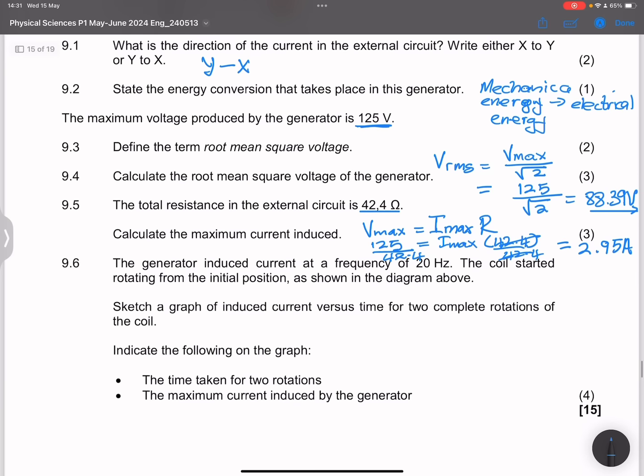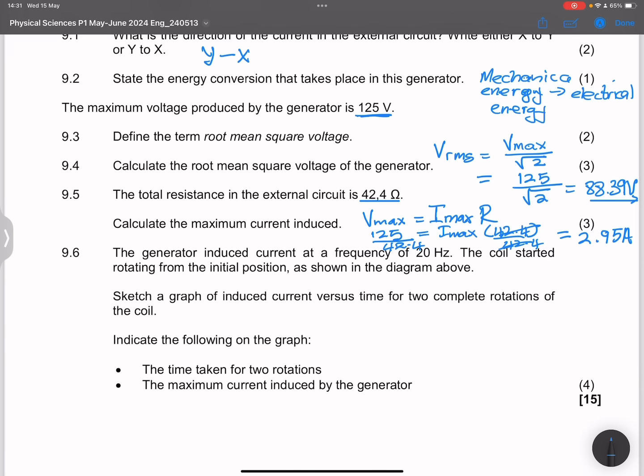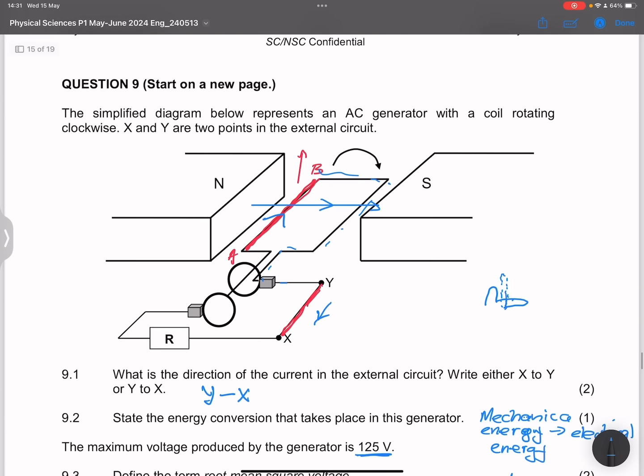Then they say the generator induced current at a frequency of 20 hertz, and the coil started rotating from the initial position as shown in the diagram above. From that initial position, the field is moving in that direction.